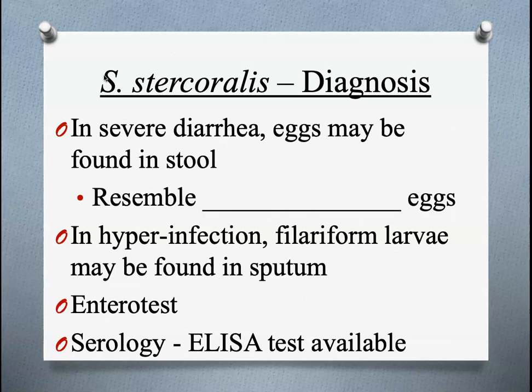There's also a test we need to talk about called the Enterotest. This is done to collect duodenal material without having to do intubation, which is fairly invasive to intubate someone. This is when a patient swallows a capsule that is attached to a piece of string.